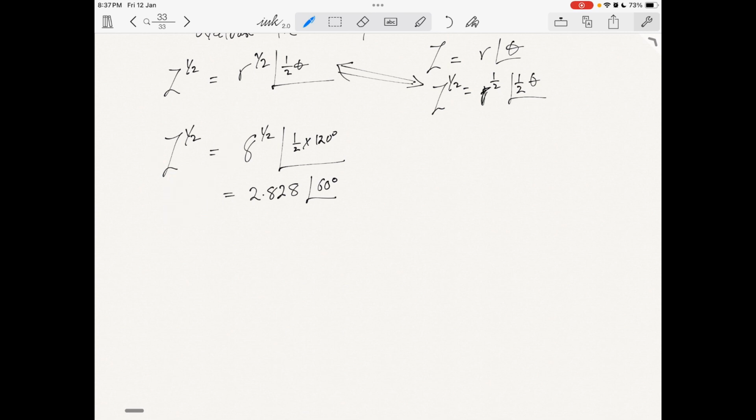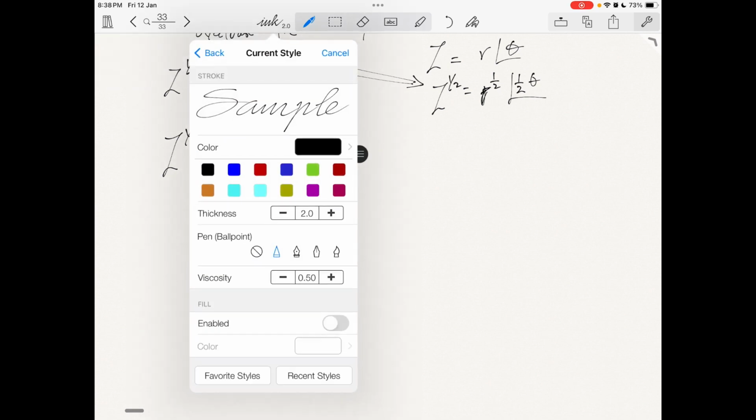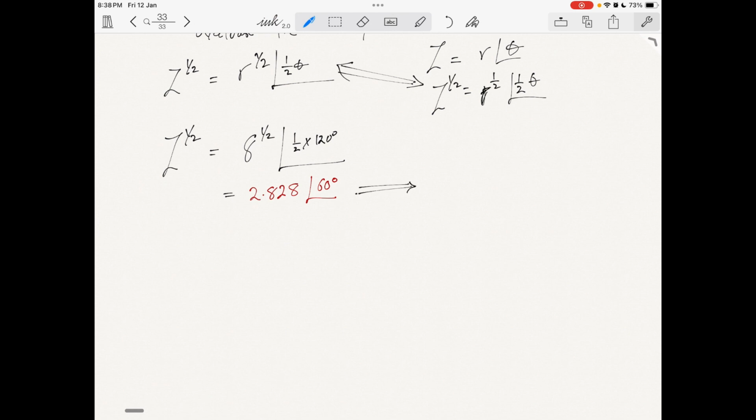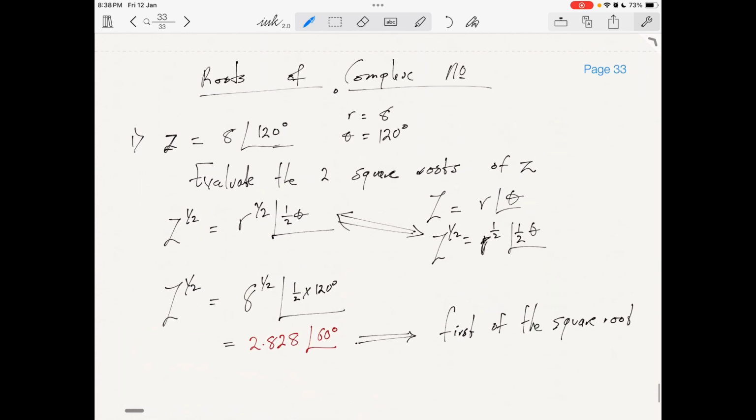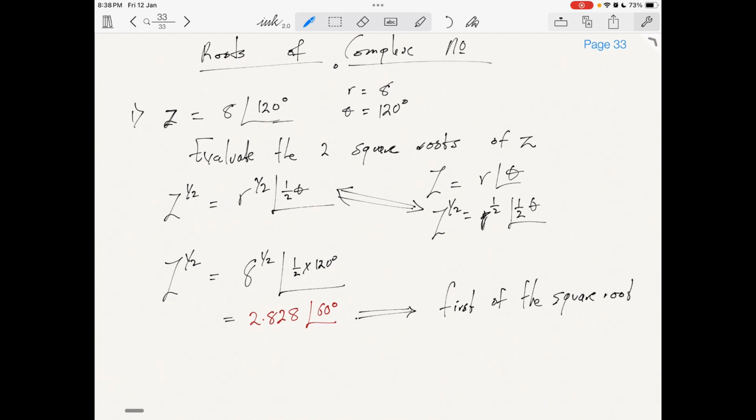Now this 2.828 argument 60 degrees is regarded as the first of the square roots. Since we are required to find the two square roots of z, this is the first square root.